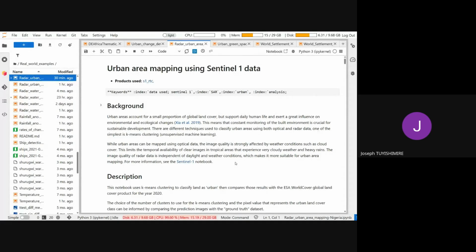And of course, some images are not clear, especially optical images in tropical regions. That's why we should always try to use Sentinel-1, which is radar, meaning radar images that could penetrate clouds without any obstacle.